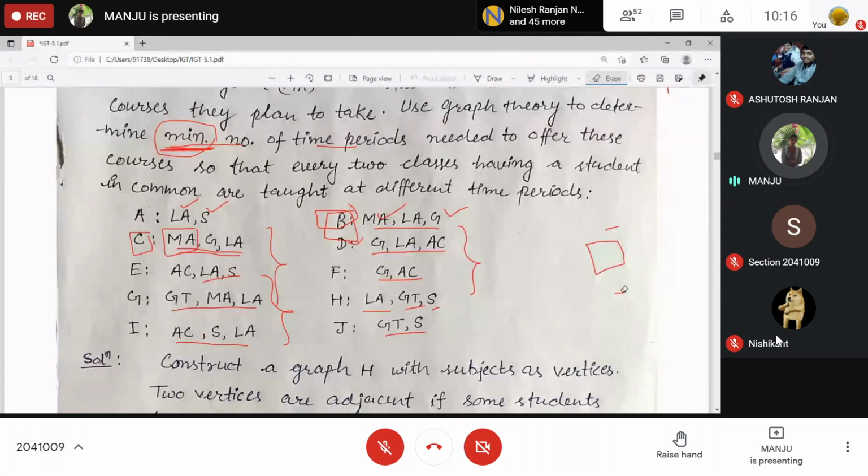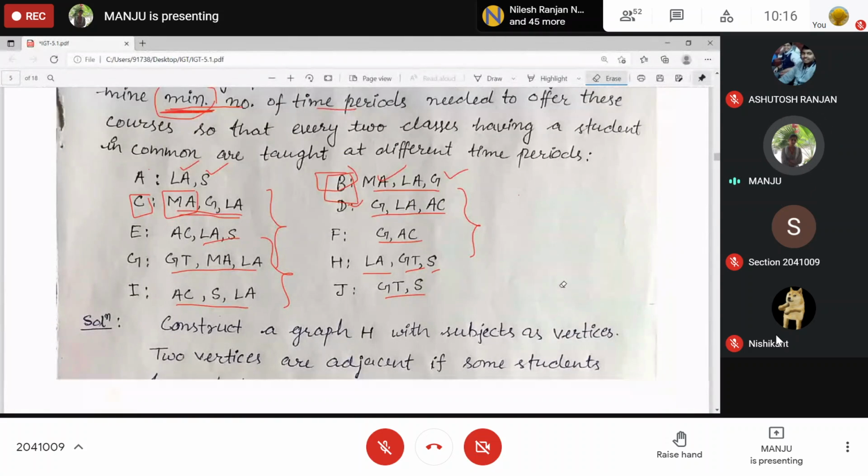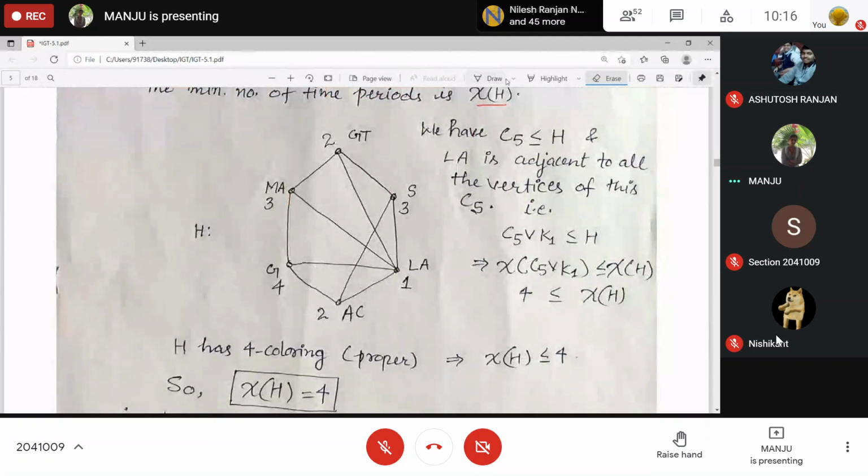जब different coloring से color करेंगे. We are using coloring over here. See, this graph we have drawn. Whenever some students are common in any two courses, they are adjacent. Okay. These are adjacent means एक student common है यहाँ पे, at least one student is common. Okay.